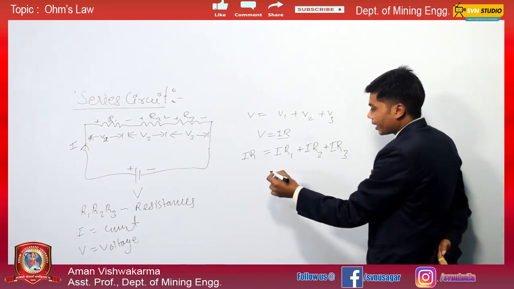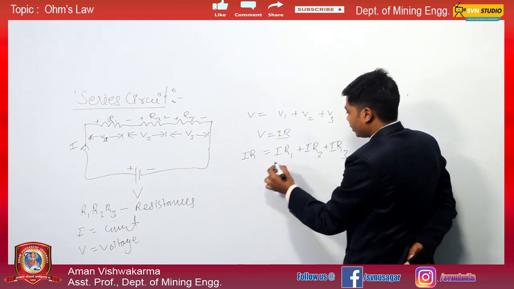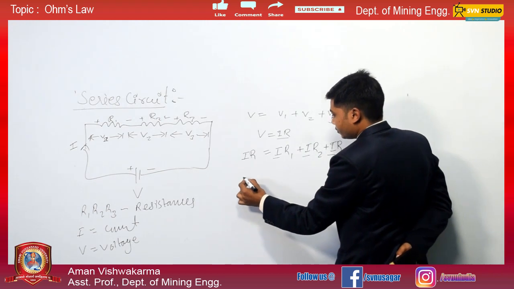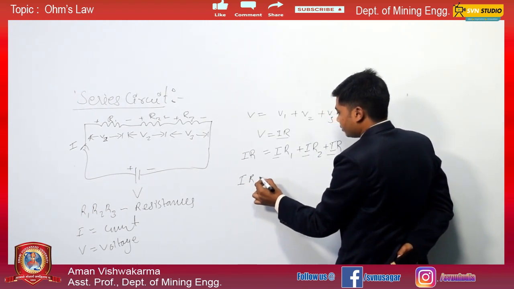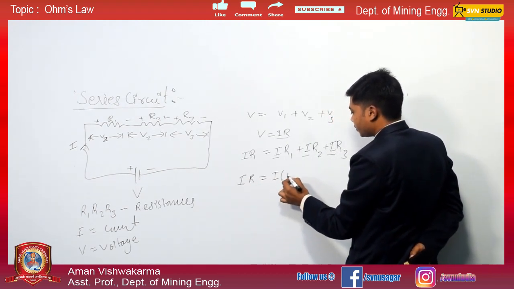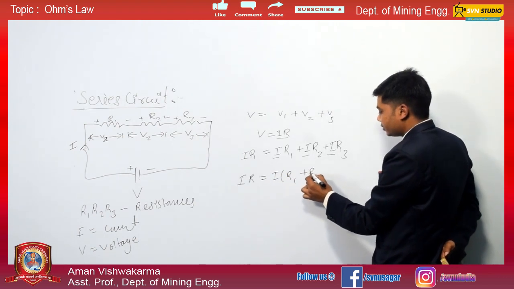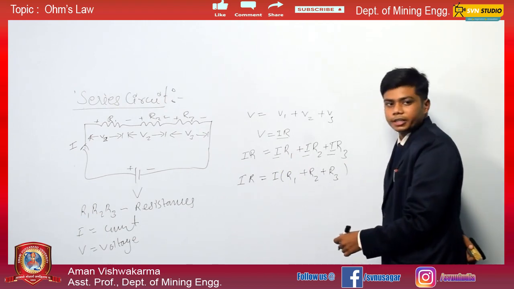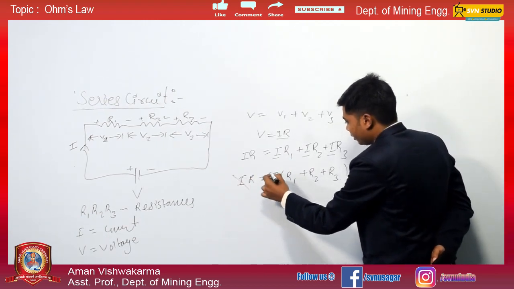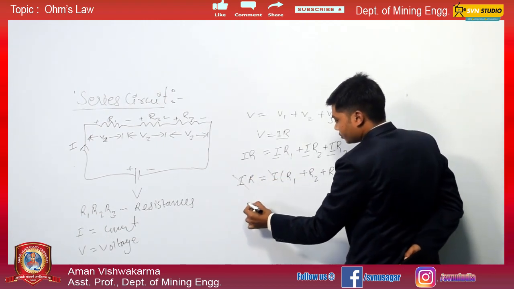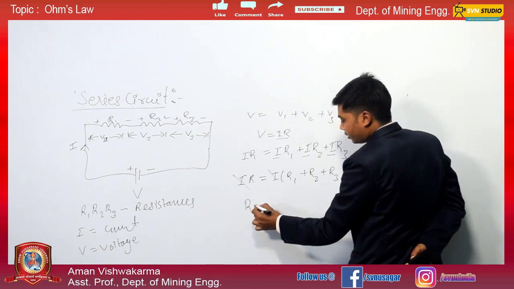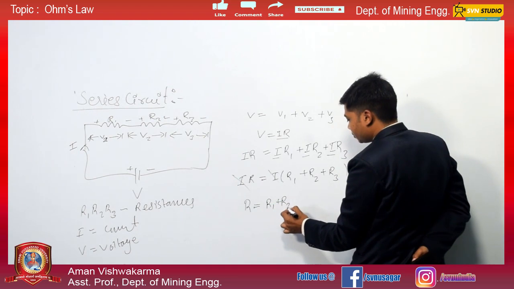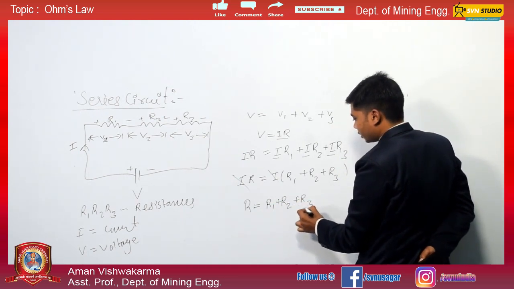Now, we can take I common from this equation. So, what next? IR is equal to I into R1 plus R2 plus R3. Now, we can cancel this I from both sides. So, what is final? R is equal to R1 plus R2 plus R3.